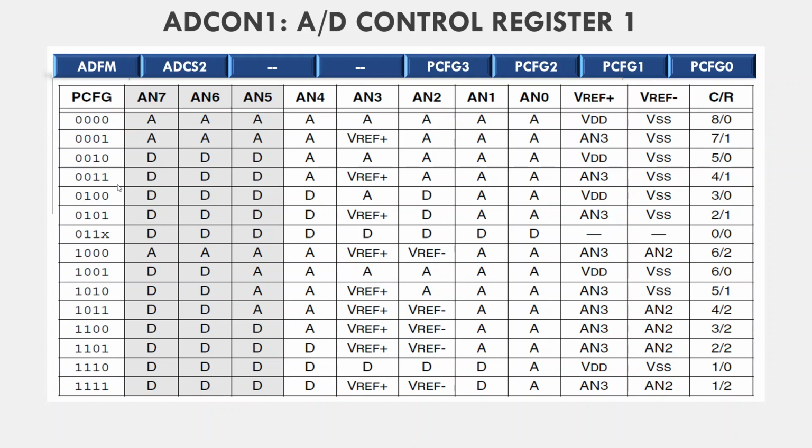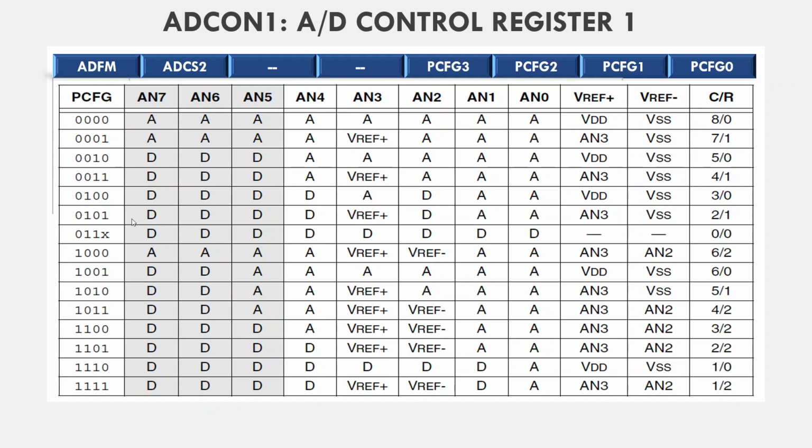If we see the next one, 0100, channels 7, 6, 5, 4 are all configured as digital pins, channel 3 is analog, channel 2 is digital, and channels 1 and 0 are configured as analog. So the total number of analog channels is 3, and the number of references is 0.